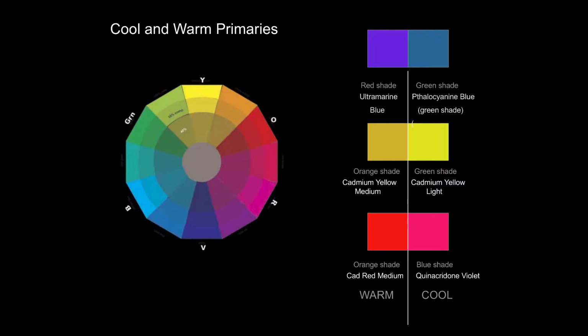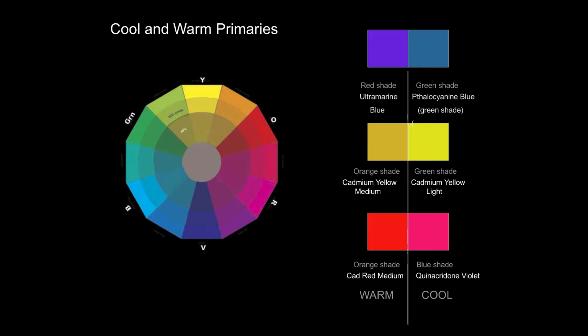Here we see the cool and warm primaries. If we were working in RYB, you can see that the only way to work in RYB is that you have to have combinations of warm and cool primaries. So you'd have a warm blue, a cool blue, a warm yellow, a cool yellow, a warm red, and a cool red.